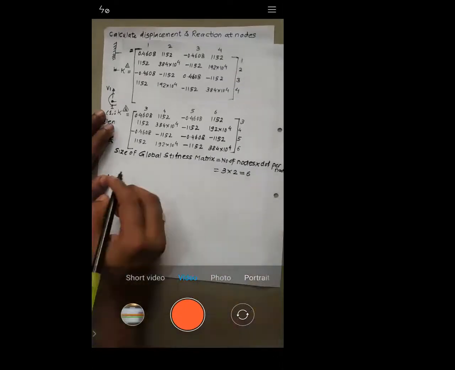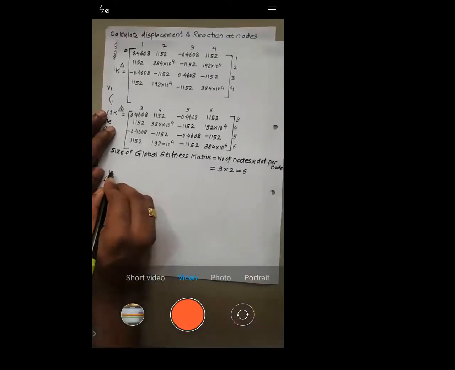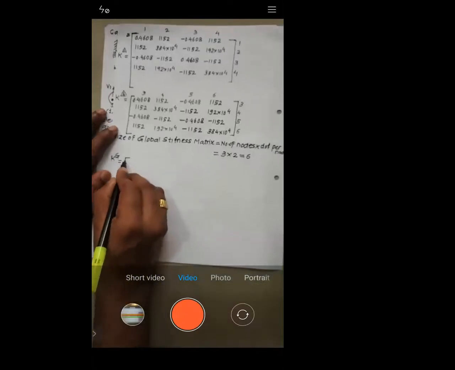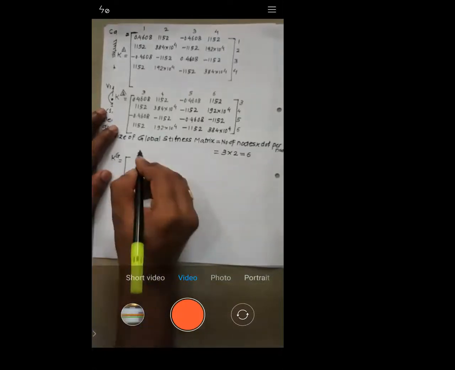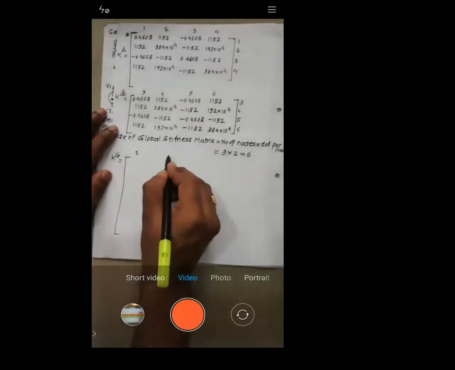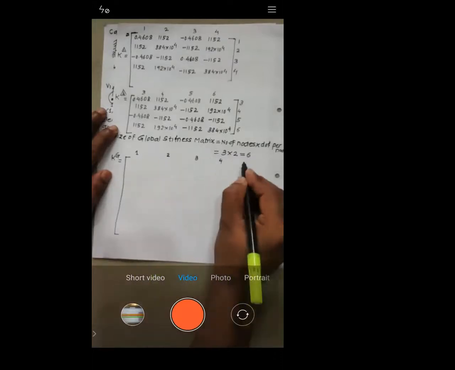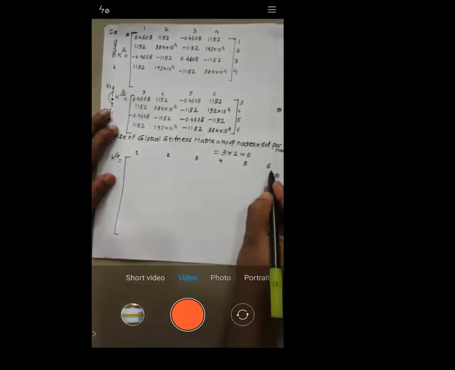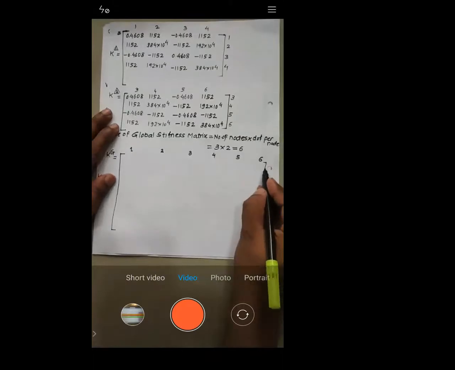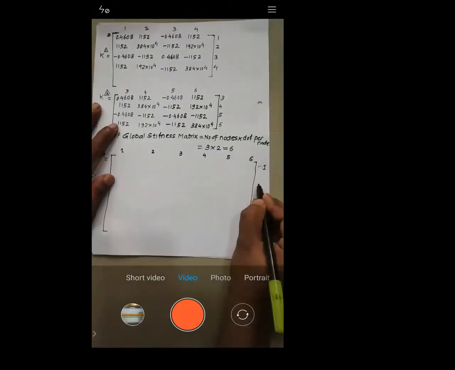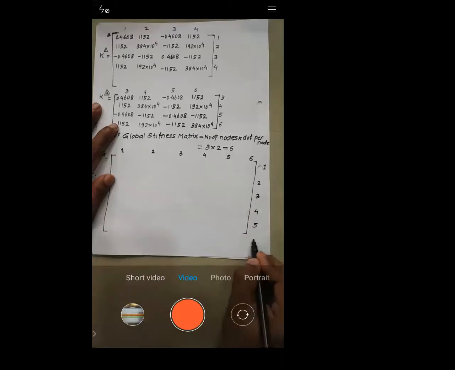Okay. So let's calculate that global stiffness matrix, which is of size 6 by 6. So this is 1, 2, 3, 4, 5, and 6. Similarly, I will write down here 1, 2, 3, 4, 5, and 6.